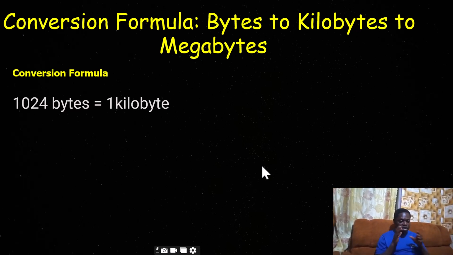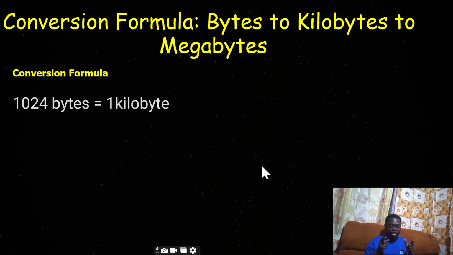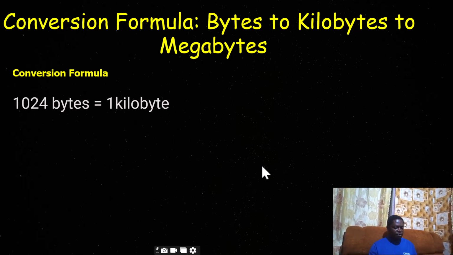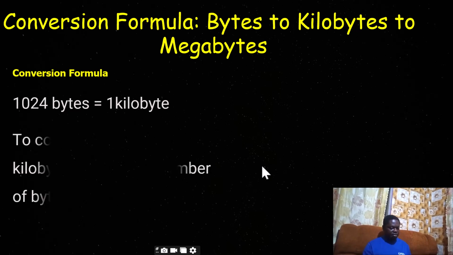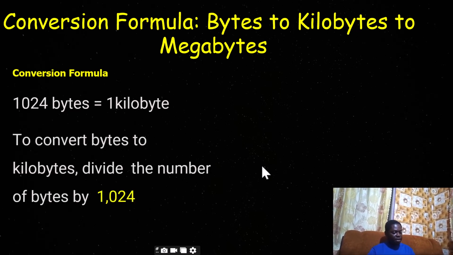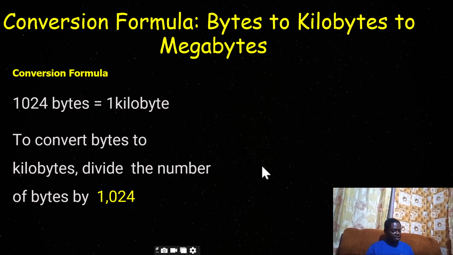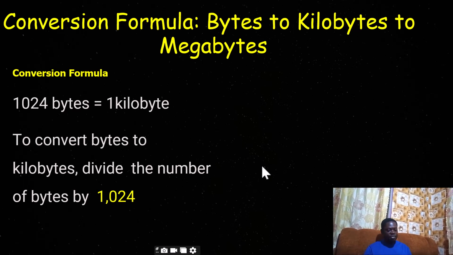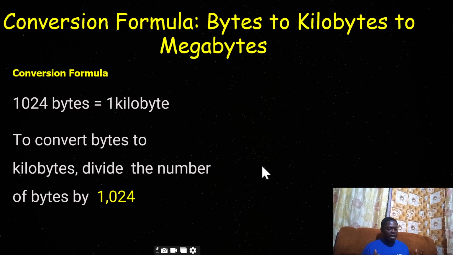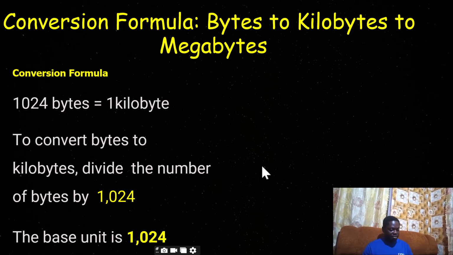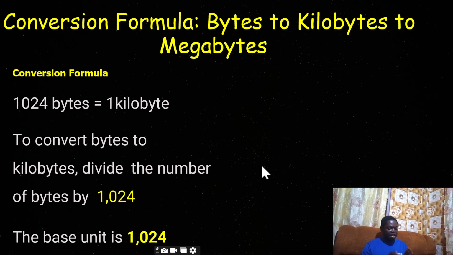We can approximate it, but for the sake of your examination, you would have to pay attention. So to convert byte to kilobyte, you divide the number of bytes by 1024. What I need you to keep in mind is that the basic unit here is 1024.